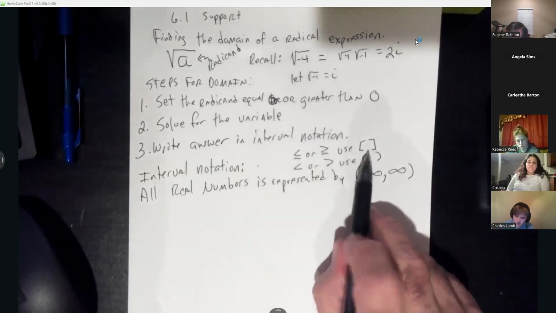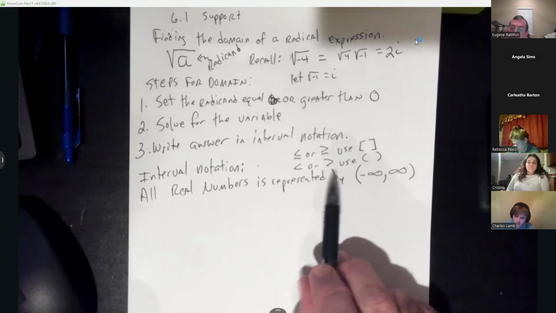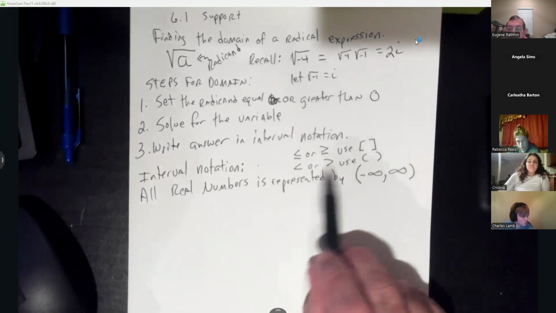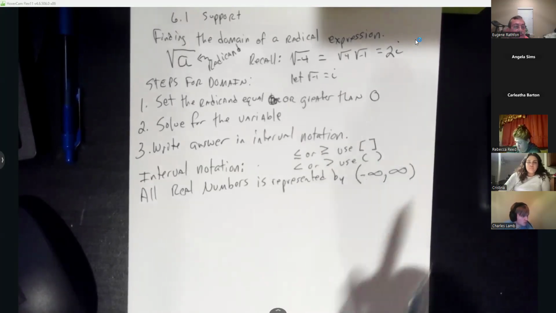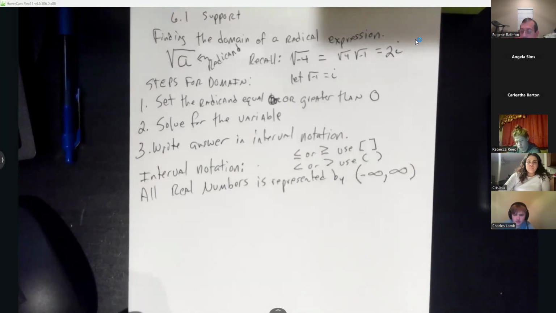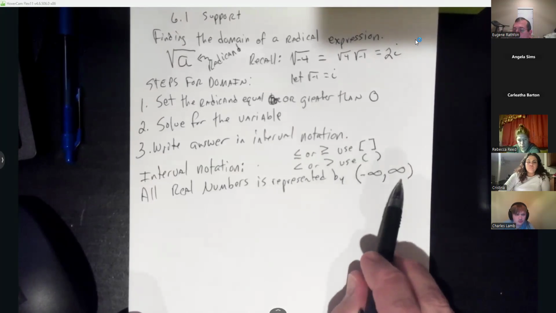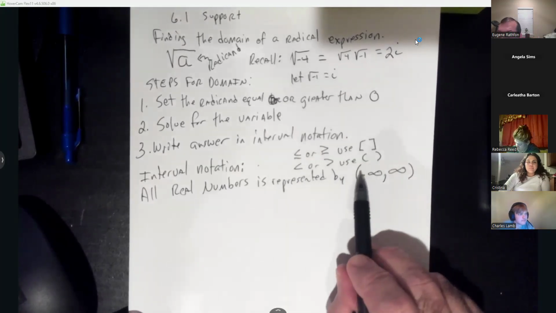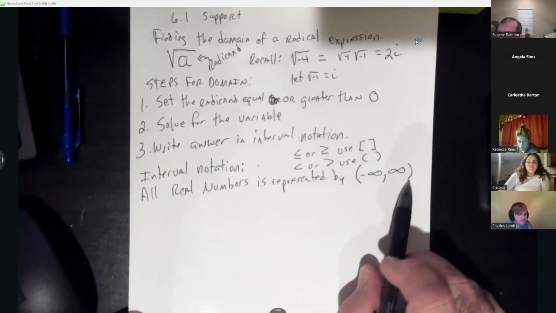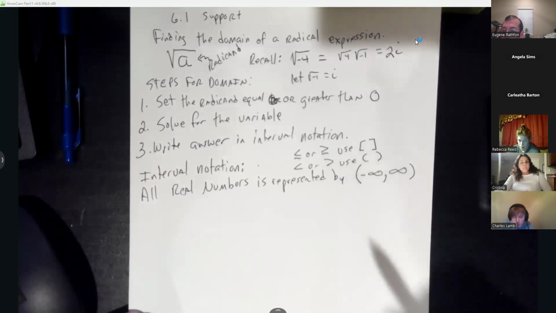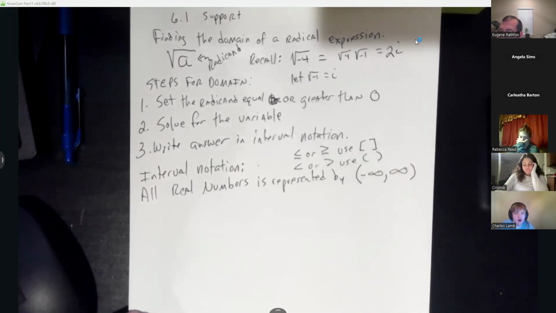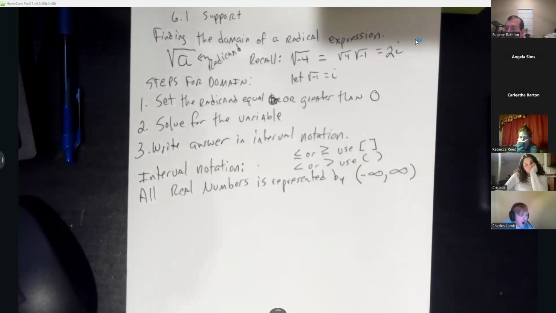So if it actually equals that number, we're going to use brackets. If it doesn't use the equals, we'll use parentheses, okay? So all real numbers, like I said, negative infinity to infinity. Now, y'all, the reason infinity has to use these curvy parentheses is there's no ending point. It keeps going and going and going, so that's why we use curves on it every time, okay?